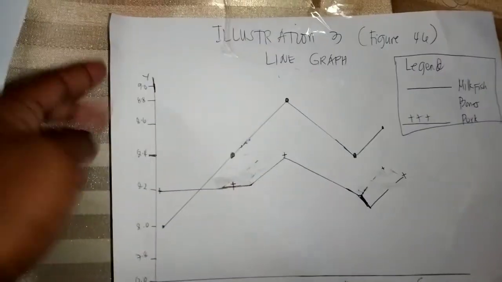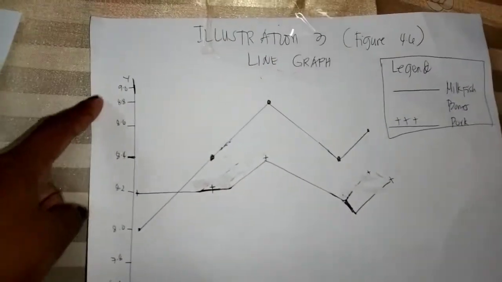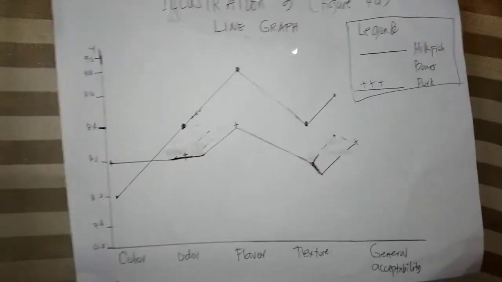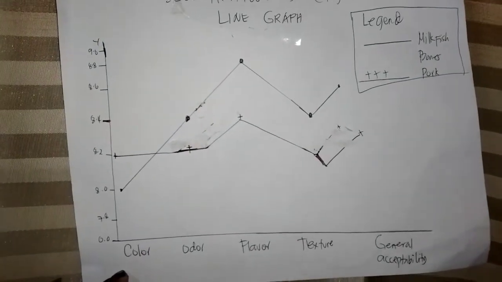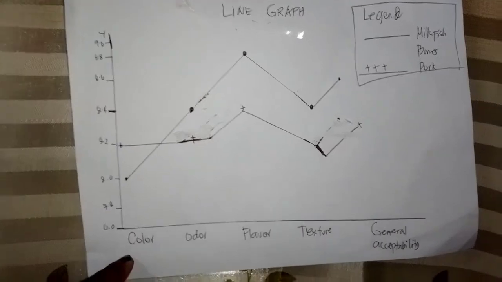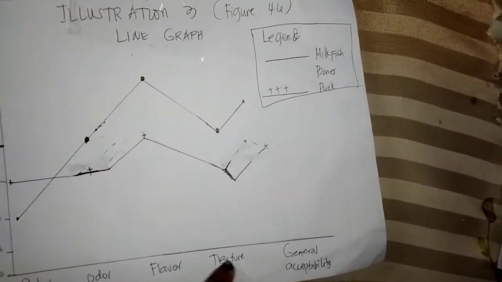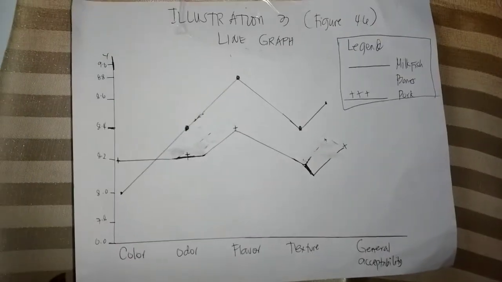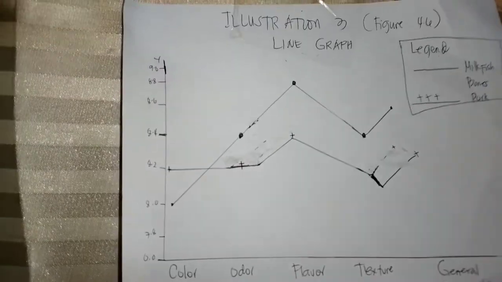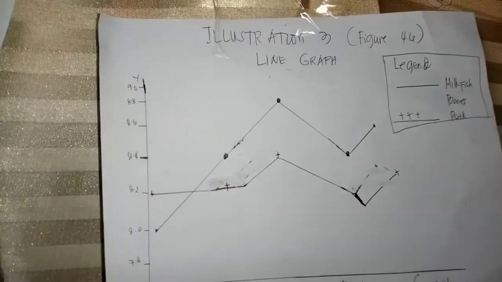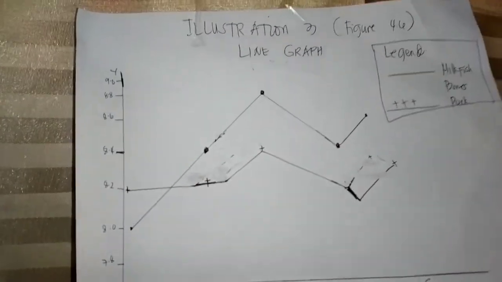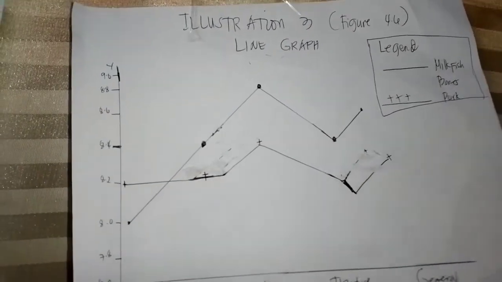So in this portion, we can see numbers. In this portion, we can see color, odor, flavor, texture, and general acceptability. The line graph below shows the amount of milkfish bones and pork luncheon meat.